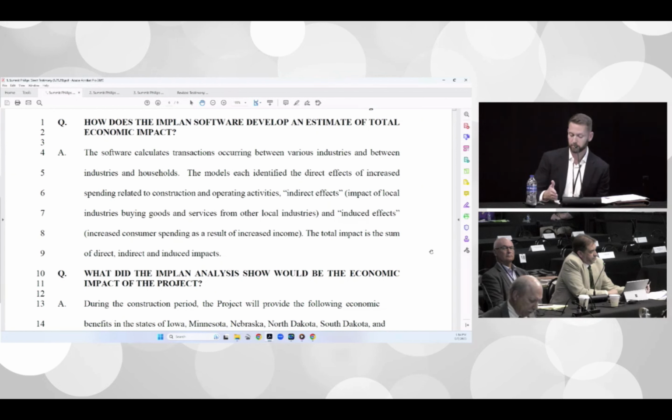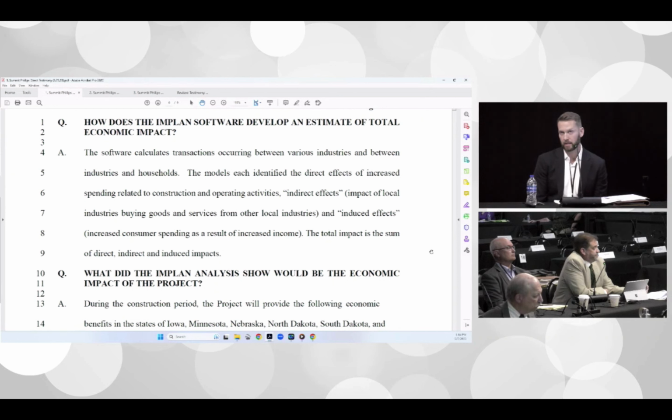We're not simply modeling a carbon pipeline. We're modeling this package of purchases that are being made from the Iowa economy. Package of purchases from the Iowa economy or from the regional economy? Both.